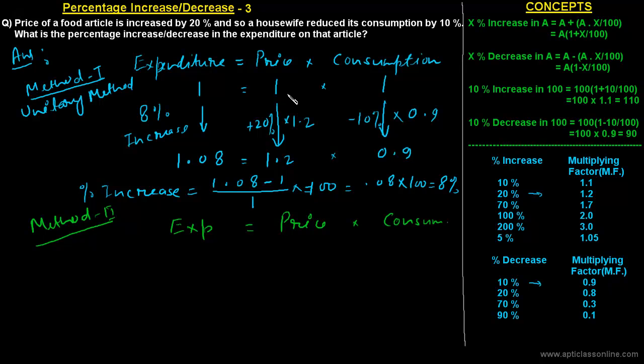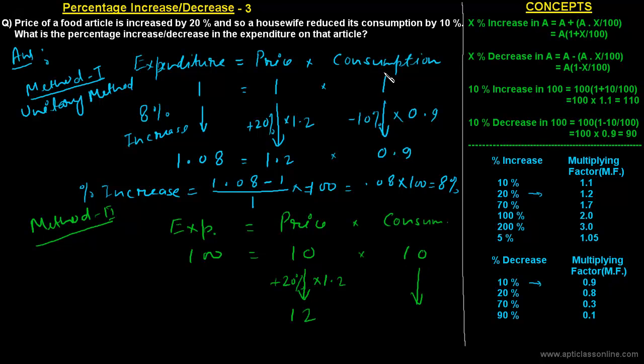Instead of taking the initial value as 1, we will take the initial value as 10 for both price and consumption. When we take both values as 10, the expenditure will become 100. The initial expenditure is 100, and then there is a 20% increase, multiplied by 1.2. So 10 into 1.2 will become 12.